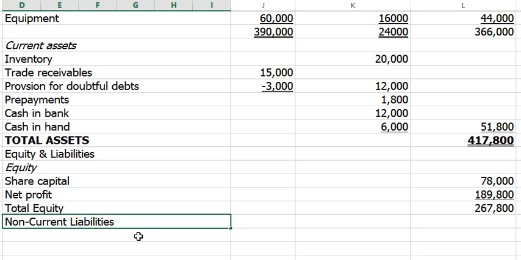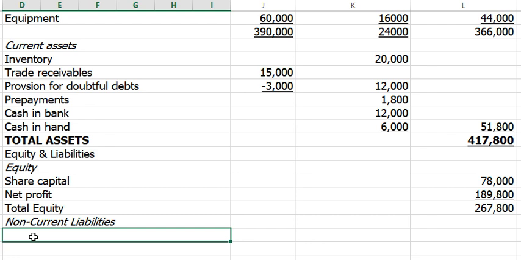Those are liabilities that are expected to be repaid after a period of more than 1 year. So in the question we have the long-term bank loan.